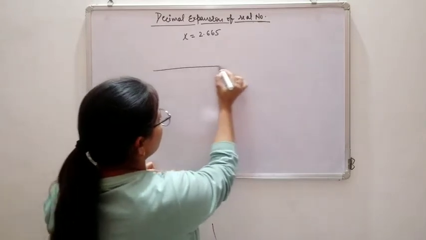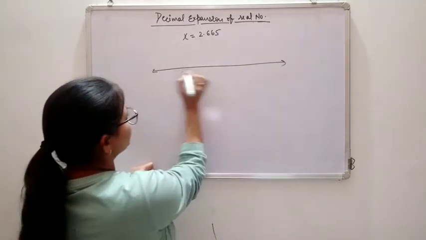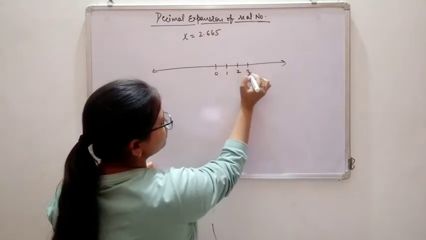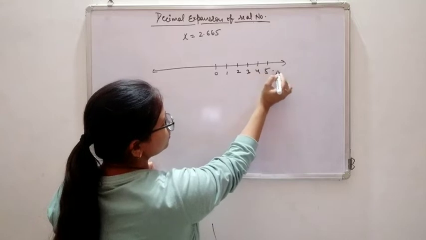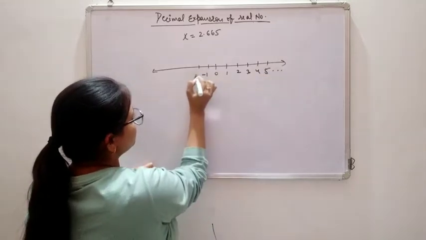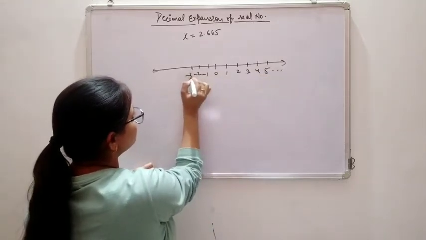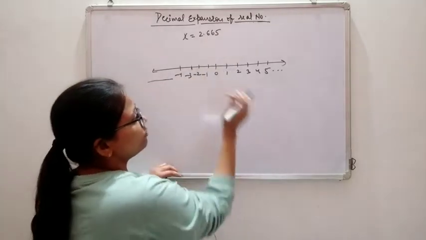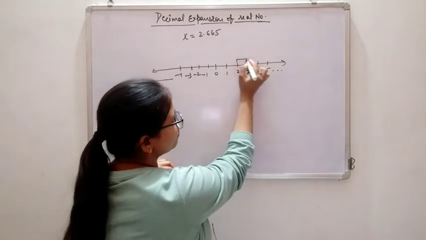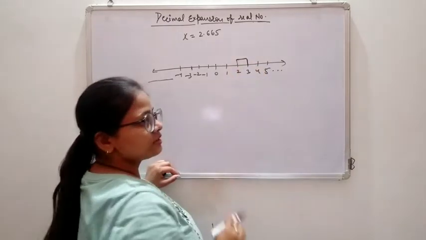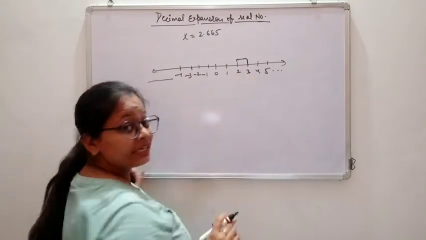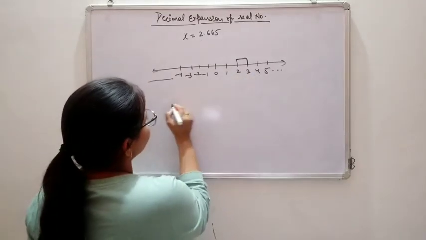So on the number line, there are numbers like 0, 1, 2, 3, 4, and so on, and there is -1, -2, -3, -4, and so on. So you know that this is somewhere between 2 and 3, this portion, right? So let's magnify this portion and divide this portion in 10 equal parts, right?